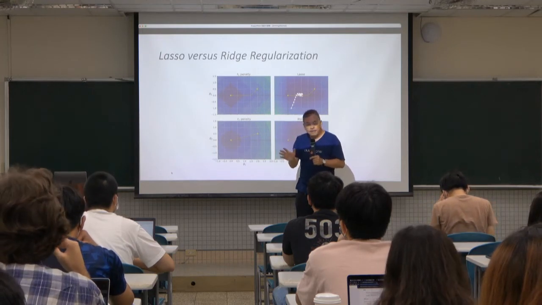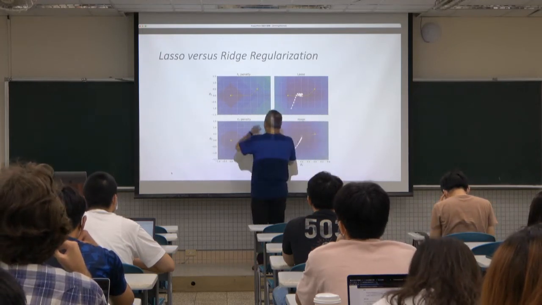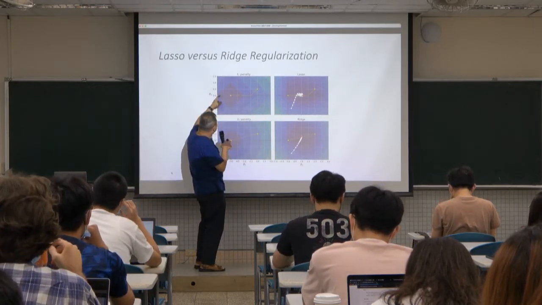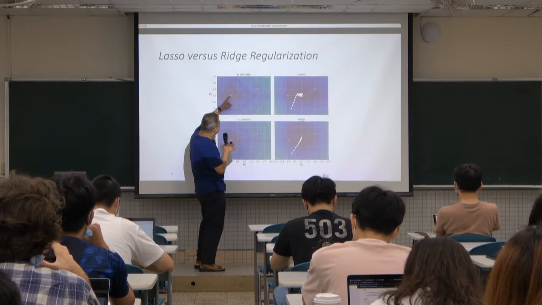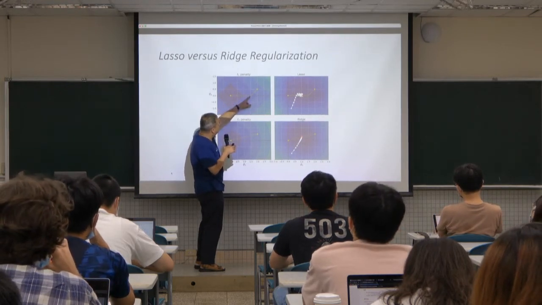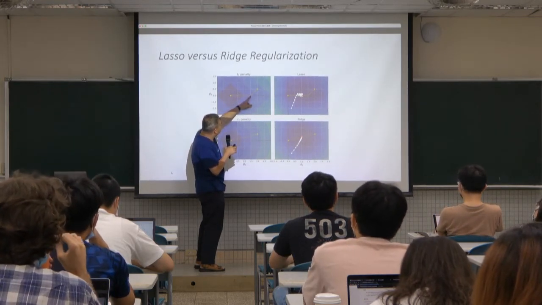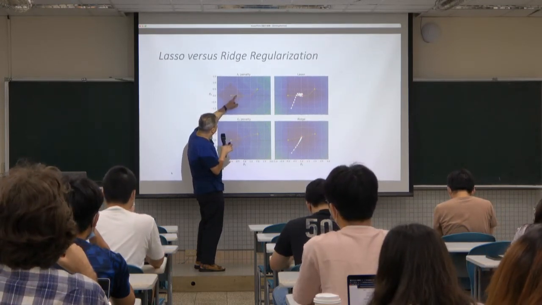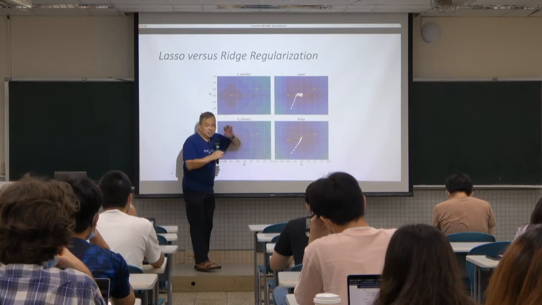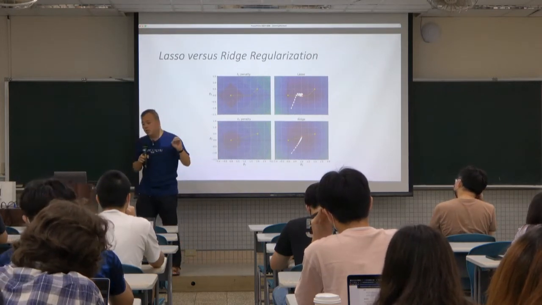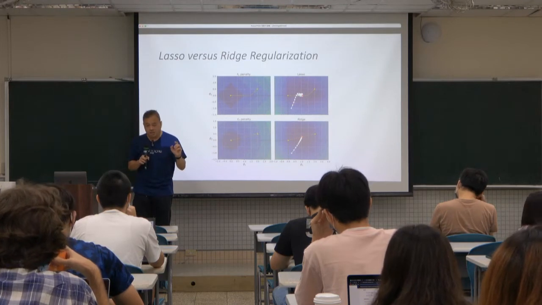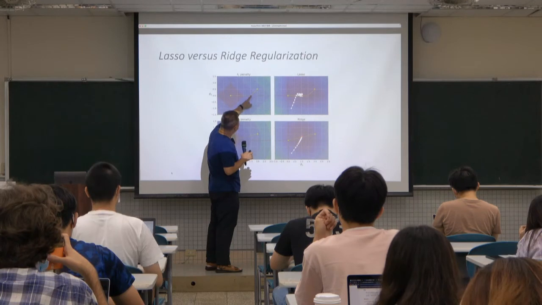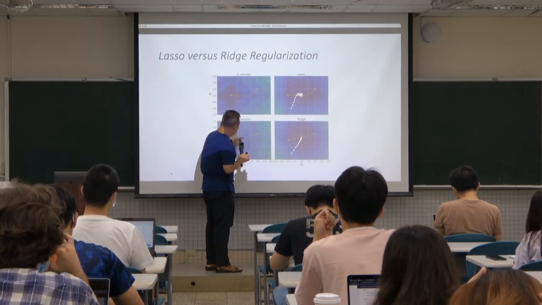So theta 2 will basically remain 0, but theta 1 will continuously be reduced until eventually they reach the origin. This is what happens when you use L1 regularization.